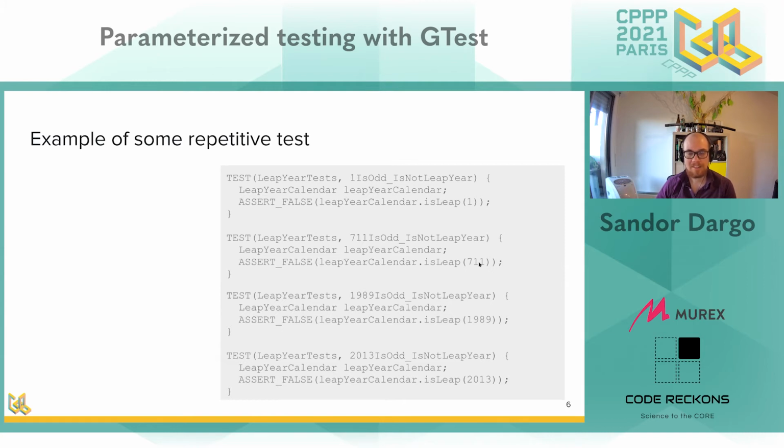That's probably the easiest example with leap years, just to pass in odd years. And you see that basically we repeated the code. There are actually 2 things changing. One is the year number, and the other is the test name.